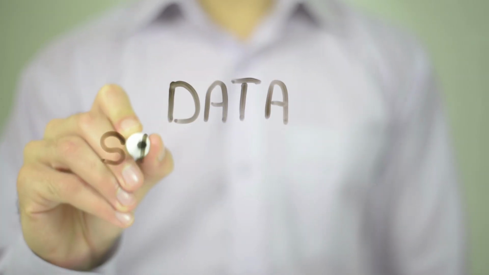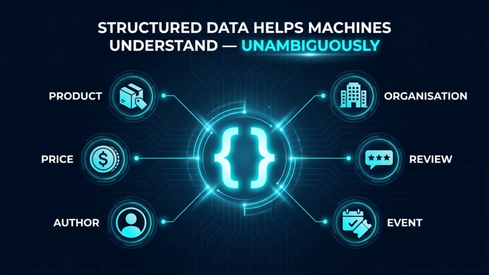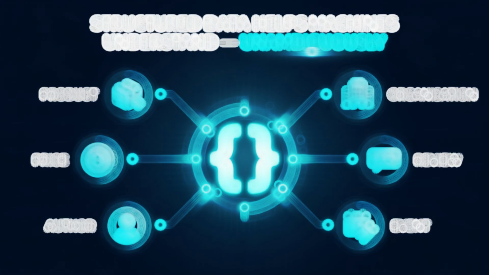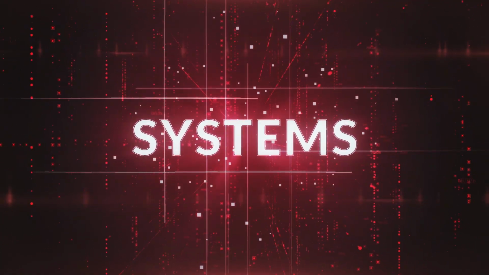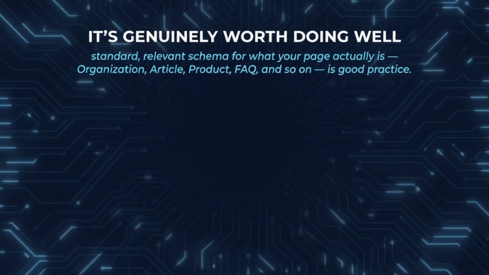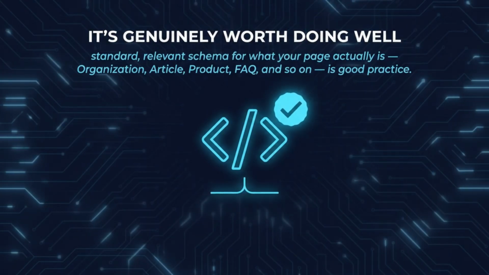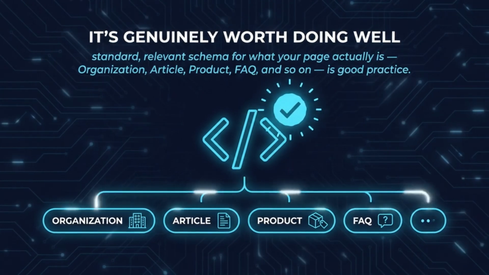Structured data helps machines understand your content unambiguously. What's a product, a price, an author, an organization, a review, an event? That clarity supports how these systems parse and represent you, and it powers rich results in classic search. It's genuinely worth doing well. Standard, relevant schema for what your page actually is, organization, article, product, FAQ, and so on, is good practice.